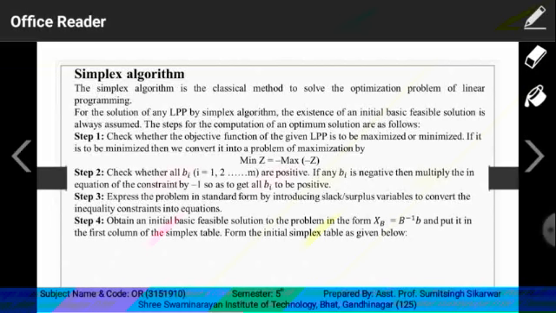We will obtain the basic feasible solution to the problem in the form of XB equal to inverse of B into b, and will put all these equations into a table.